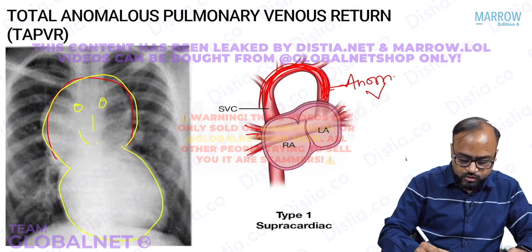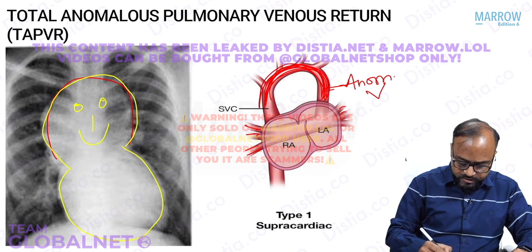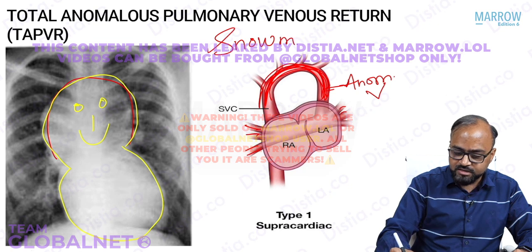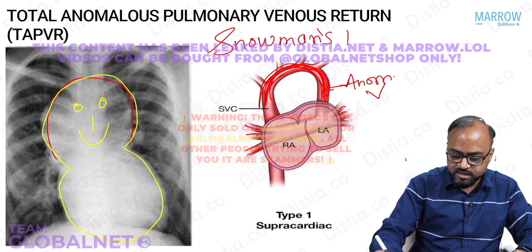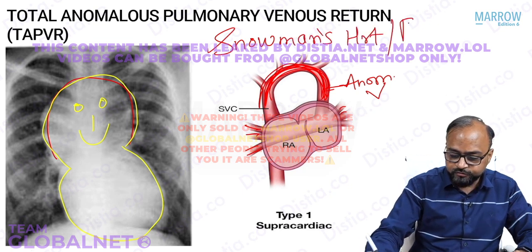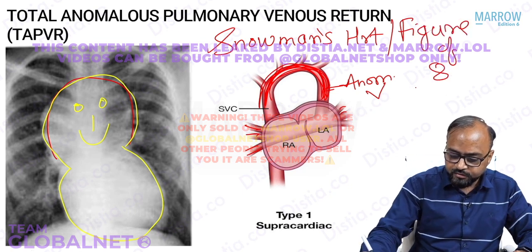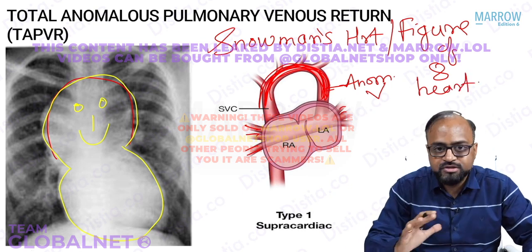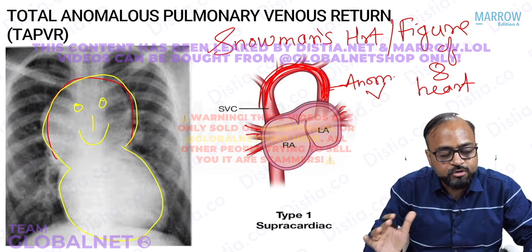So this appearance is what is called the snowman's appearance, snowman's heart, or figure of 8 heart. So this is the appearance seen in total anomalous pulmonary venous return.